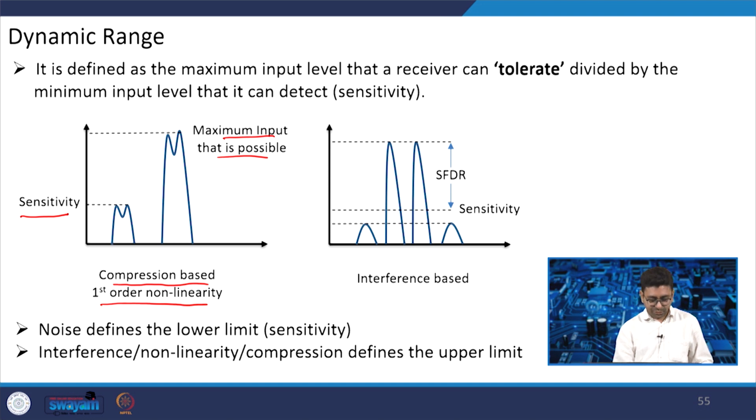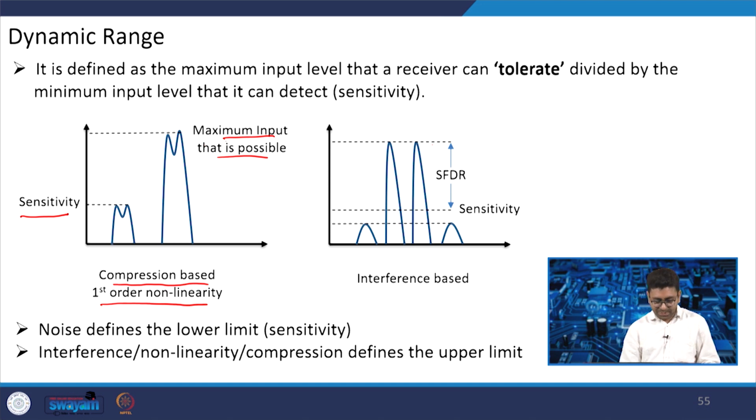Now, there is another term, spurious free dynamic range, written as SFDR, and in that your maximum input level is defined by intermodulation products, that is third order nonlinearity. So your SFDR maximum level depends upon the third order nonlinearity, and for dynamic range it is on the first order nonlinearity.